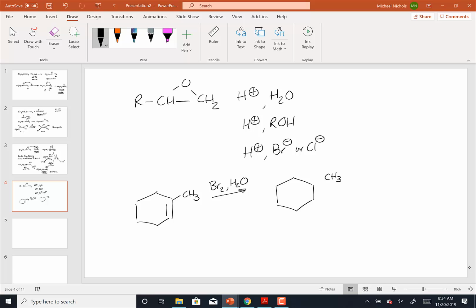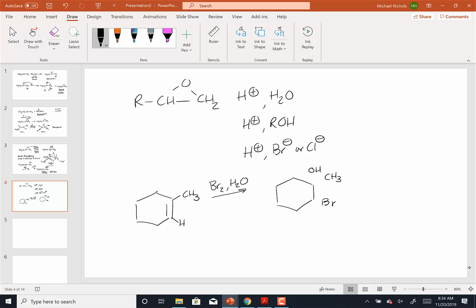Which one? Bottom one? Because the Br is the electrophile, and so it's going to add to the carbon with the most hydrogens, which in this case is the bottom carbon. So I'm going to add my Br there, and I'm going to add my OH up here.